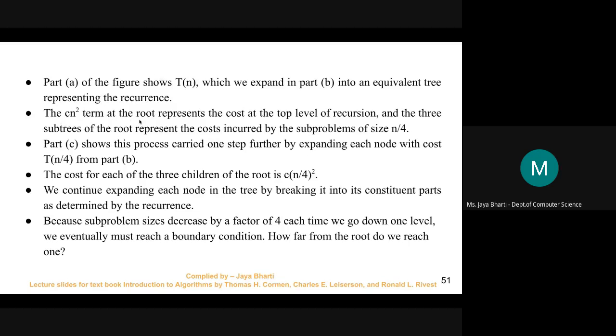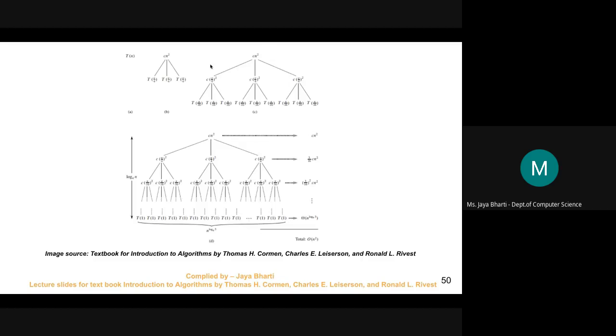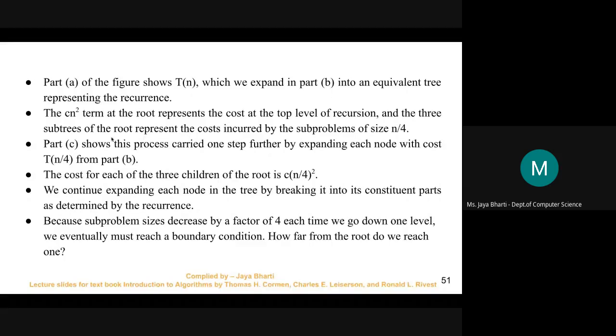The c n square term at the root represents the cost at the top level of recursion, and the three subtrees of the root represent the cost incurred by the subproblems of size n/4. Then part C shows this process carried out one step further by expanding each node with cost T of n/4 from part B.